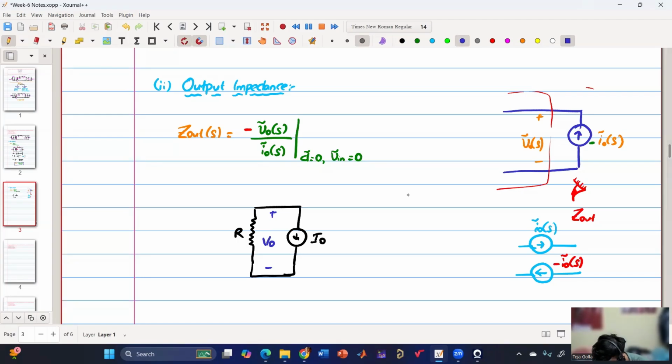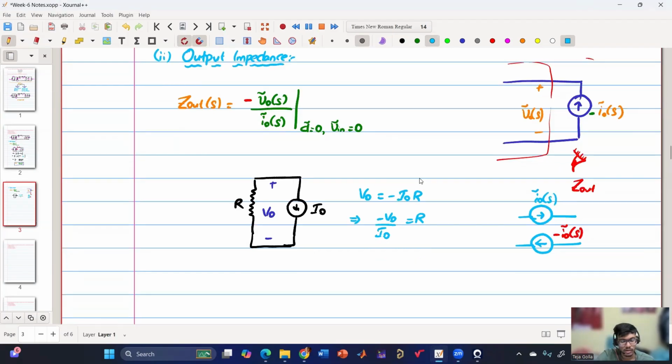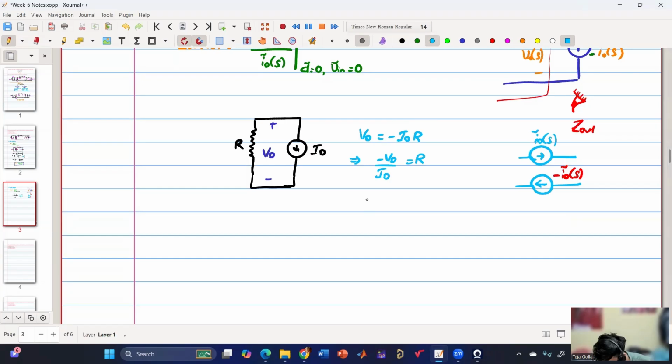Now can you tell me what is V naught in terms of I naught and R? Minus I naught into R. Yes, minus I naught into R. So now my minus V naught by I naught will be R, which is the same as this circuit.